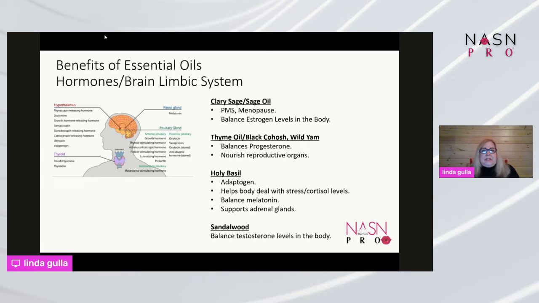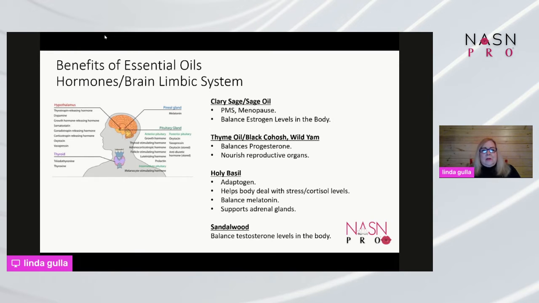So clary sage and sage oil would help balance those estrogen levels in the body. And you can rub them on your abdomen. You can also rub them on the back of your neck, or inhale them, put them below your nose, but it helps balance estrogen levels in the body.